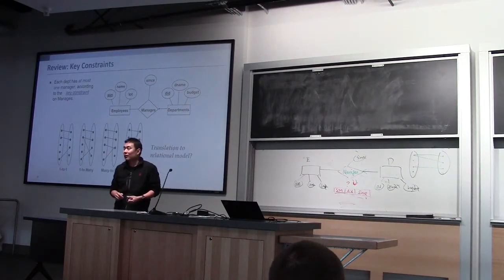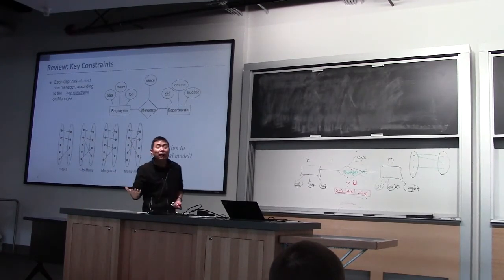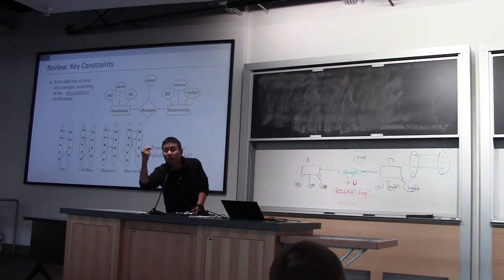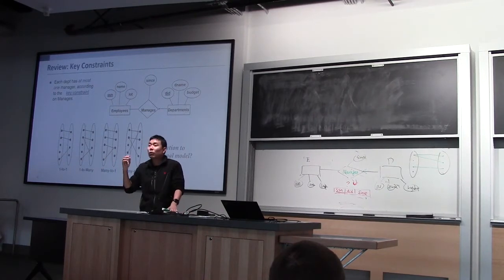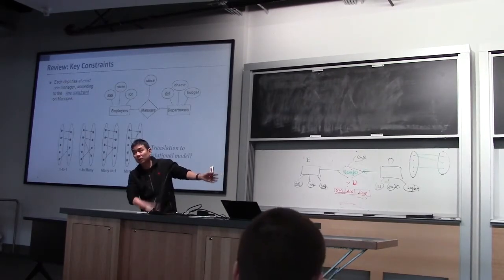You cannot have duplicate DID values. Why? Because each department can have at most how many managers? One. That goes back to the question you had earlier. Why I said it's just a super key, not necessarily a key, is because it depends. For manage, it is a key for sure, but for one-to-many, not so sure because of that. But at least it's a super key.